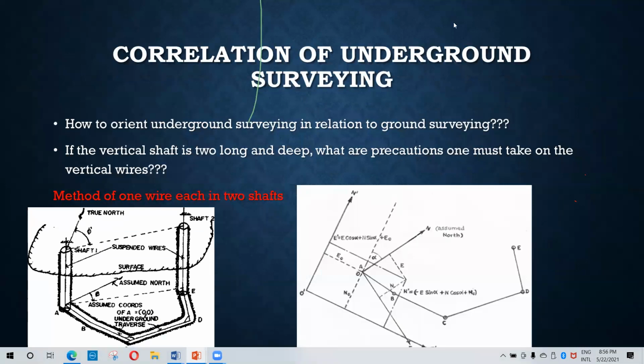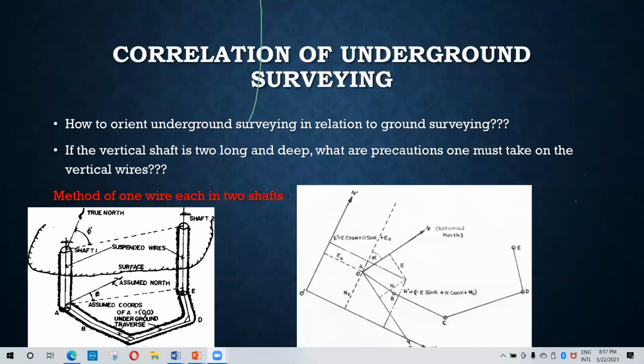The next one. Correlations of underground survey. This is section 3.9 in your block.